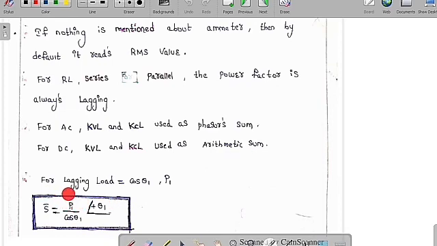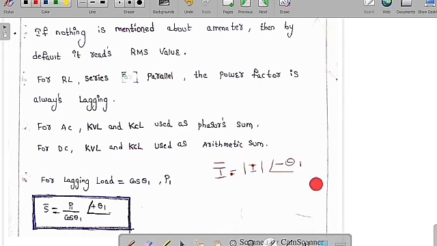Suppose there is a lagging load with power factor cos theta 1 and power consumed by the load P1. Then the complex power is voltage into current conjugate. Since the current lags, I bar is equal to mod of I at angle minus theta 1 with respect to voltage.